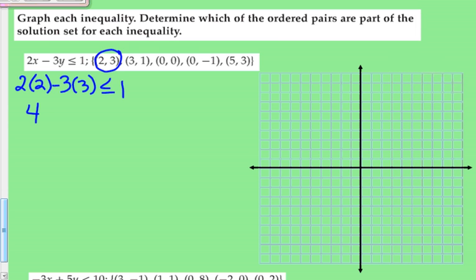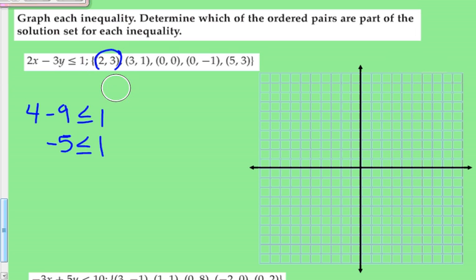You get 4 minus 9 less than or equal to 1. 4 minus 9 is negative 5. Is that less than or equal to 1? It is. So there's a solution. I'll keep that circled because that's one of our possible answers. And you could do that again with 3, 1, 0, 0, 0, negative 1, and 5, 3, and determine which ones are going to remain answers.